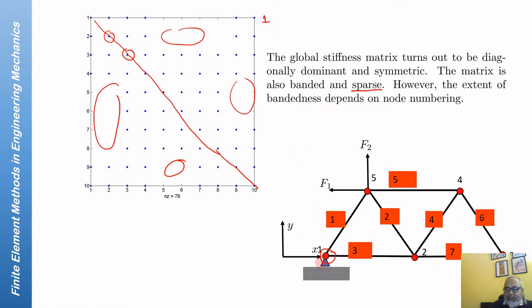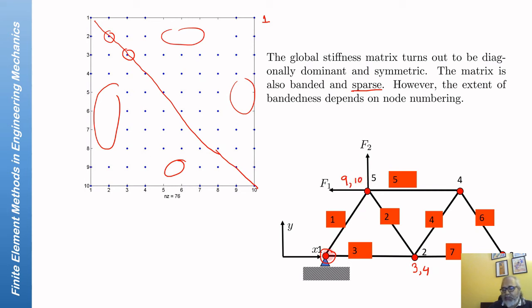Okay, and this is connected to node number 5 through element 1, and it's connected to node number 2 with element 3. So this has global degrees of freedom 3, 4. This is global degrees of freedom 9, 10.